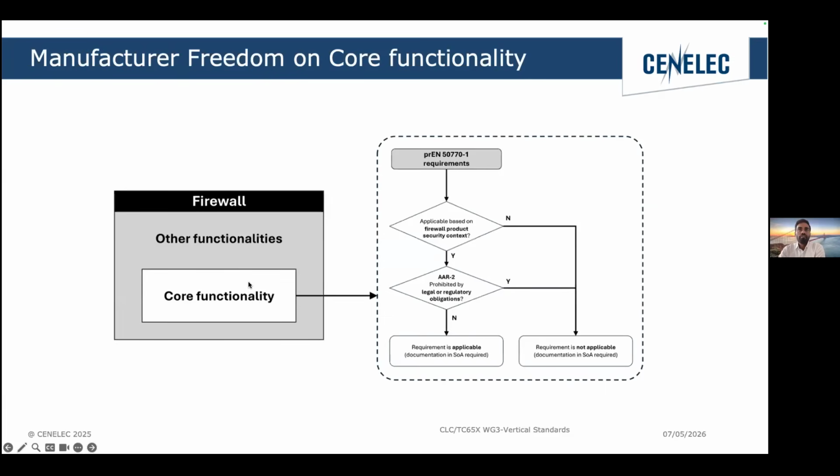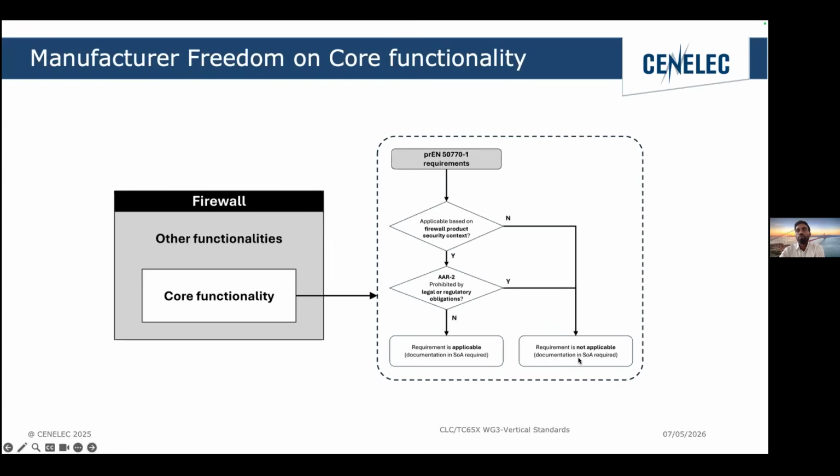So, firewall core functionality. As part of the development team, we have already done the applicability process based on Annex C of 4-1. So what the manufacturer can do is just the product's context, just to select whether my product is placed in a public, limited or controlled environment. Based on this, choose the requirements and do the AR2 regulation based on the obligatory regulations, like whether this requirement is applicable in this country, in this context, and so on.